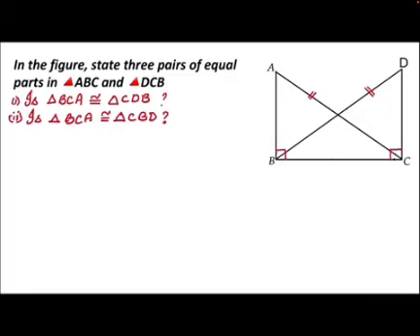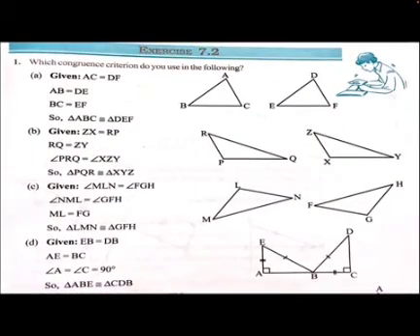Which order is correct? Clearly it is the second one, is it not? So the conditions are clearly depicted in the picture. Use the congruence criterion and prove that the two triangles are congruent to each other. Try to match the pairs and then prove it. Of course, I will send you the solution.